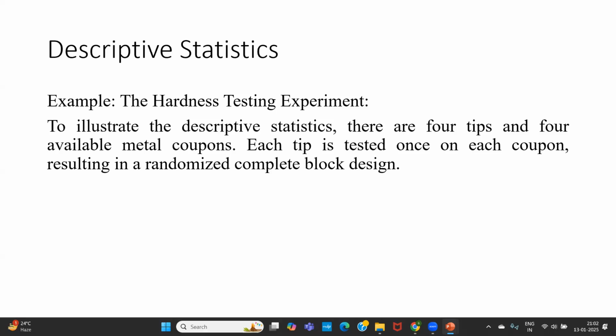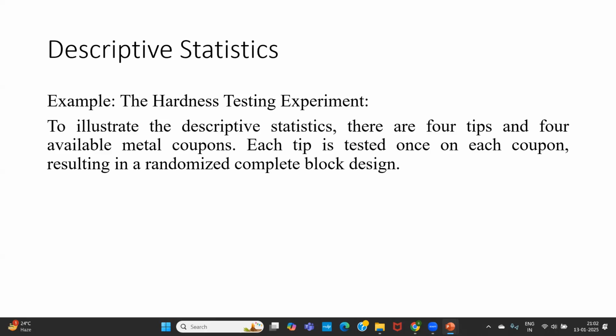Whenever we are doing experimentation or research, it should be reproducible. And research is reproducible only when you conduct it according to the basic principles of experimental design, called randomization, replication, and local control.